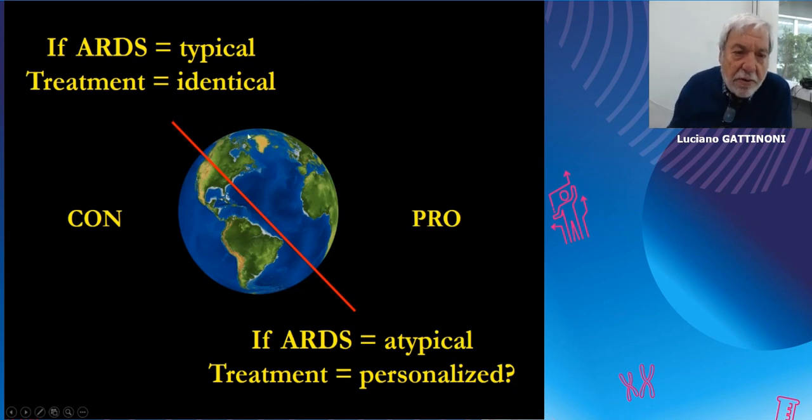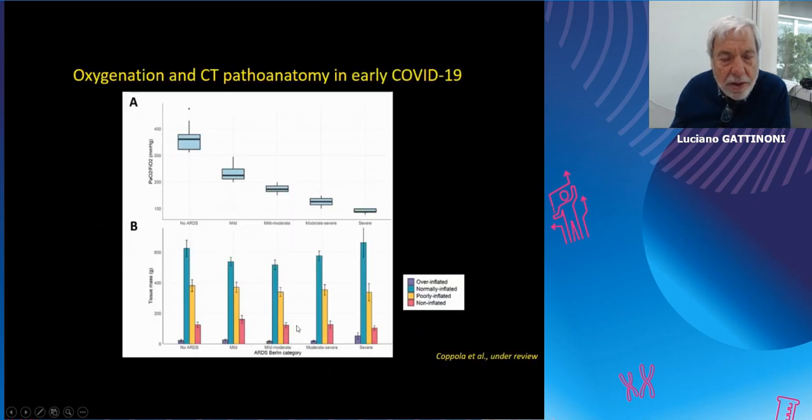So take care of hypoxemia with the table, etc. But if ARDS is atypical, the treatment should not be the typical treatment, or you have to think of something different. And remember that this disease had a mortality in intensive care going from 10 to 90%. That means the treatment plays a role, because the disease is the same all around the world.